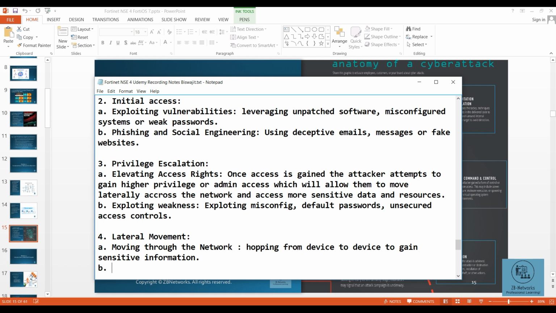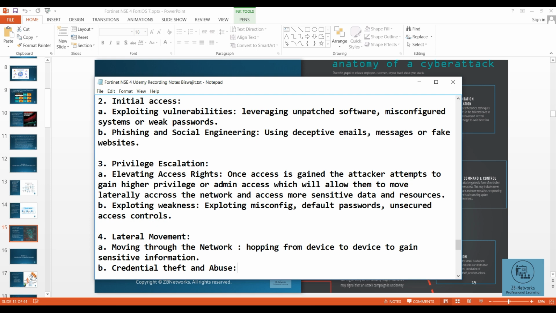Step number 2 is conducting credential theft and abuse, right? In this process, the attackers want to steal your credentials or tokens, which will enable them to impersonate legitimate users, and that will facilitate their movement across the network while avoiding any sort of detection.